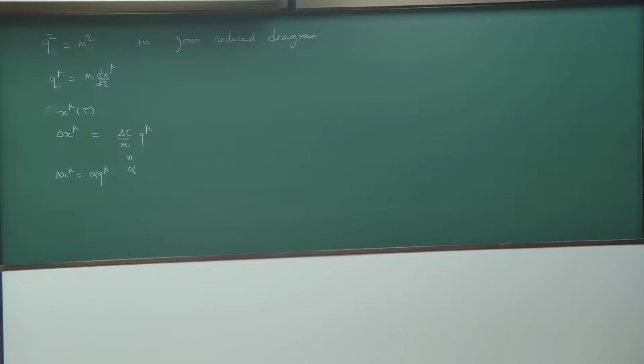If I start from this vertex, I go here, some displacement happens, I go there, some displacement happens, I go there, some displacement happens, I go here, I'm back at the same point, meaning the space-time displacement in moving around a loop should be 0. Given any loop, it should be 0. If I'm able to ensure that, then I'm able to ensure that the displacement in space-time between any two vertices is independent of the path you take to reach that vertex, starting from this one. Is that okay? Okay, let me repeat because some of you are not.